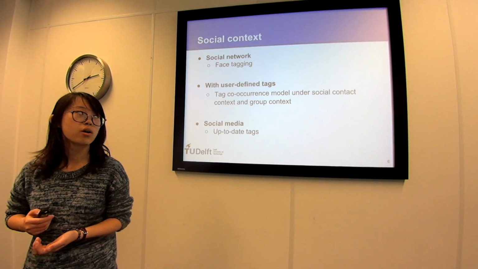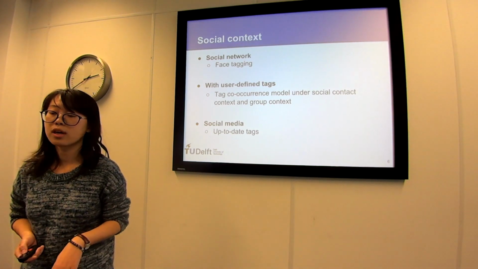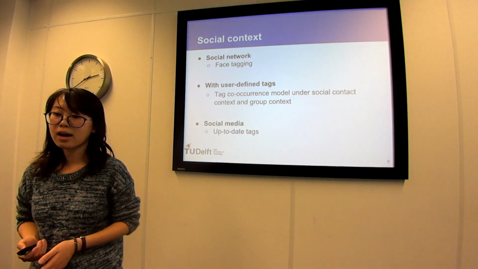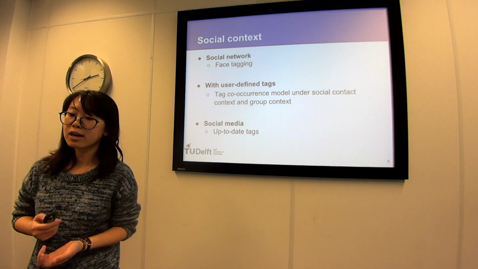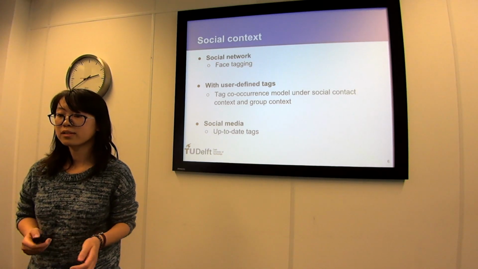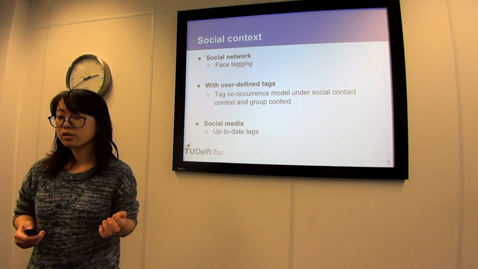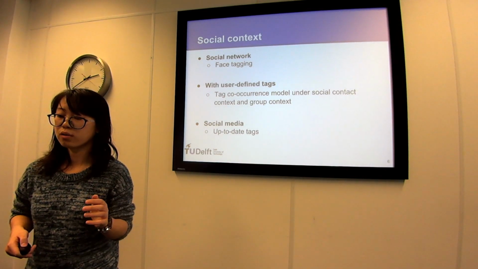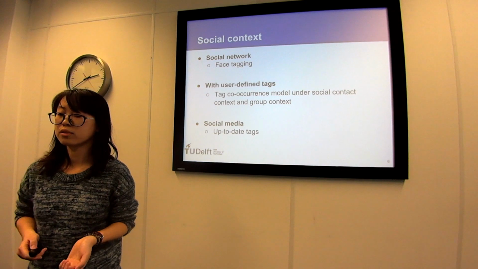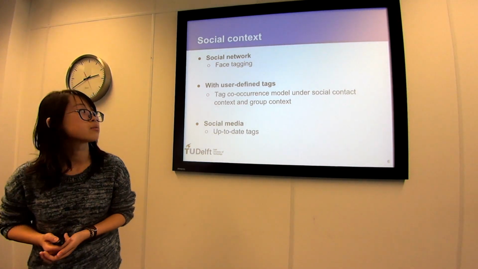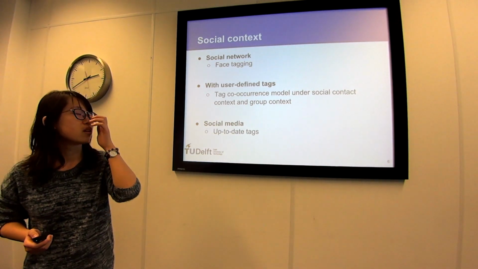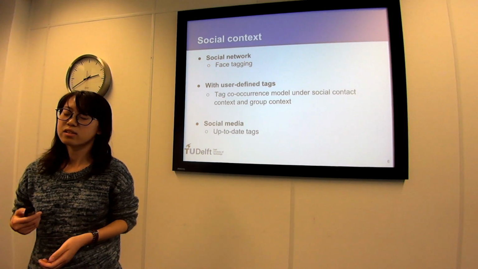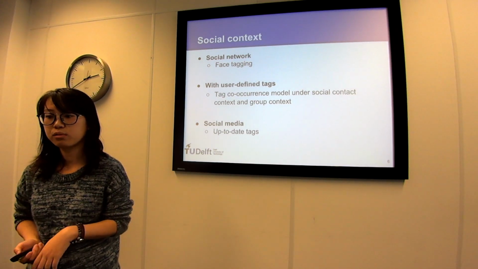The tag co-occurrence model can be built under the social context, which means the text of the friends of the user, and the group context, which means the text used by the groups that the user is subscribed to.